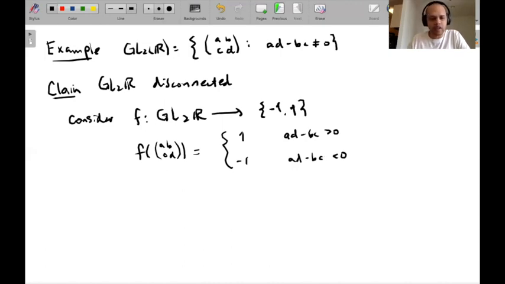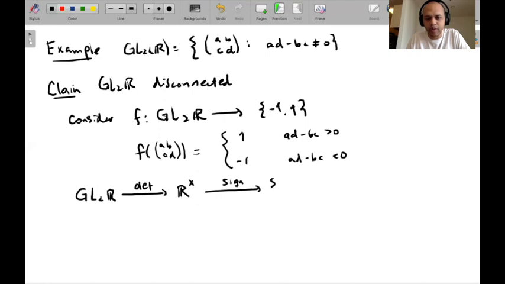I mean, this is essentially a composition of 2 continuous functions. So first we have the determinant, which is AD minus BC, which takes us into non-zero real numbers. And then we have the sign function, which takes us into plus or minus 1, which just assigns to a real number, is it positive or negative? And this is continuous. And so this composition is f, which is continuous.